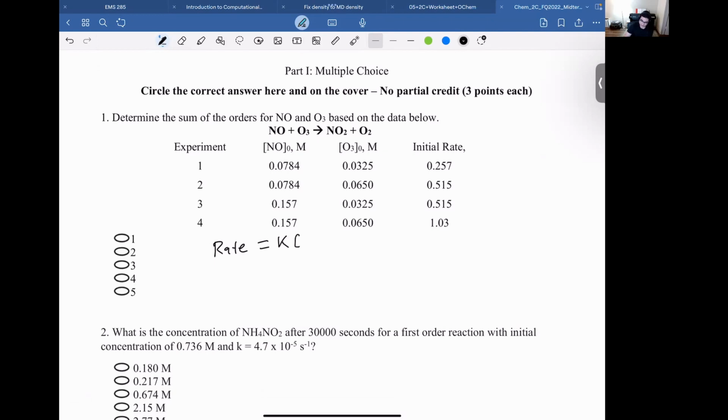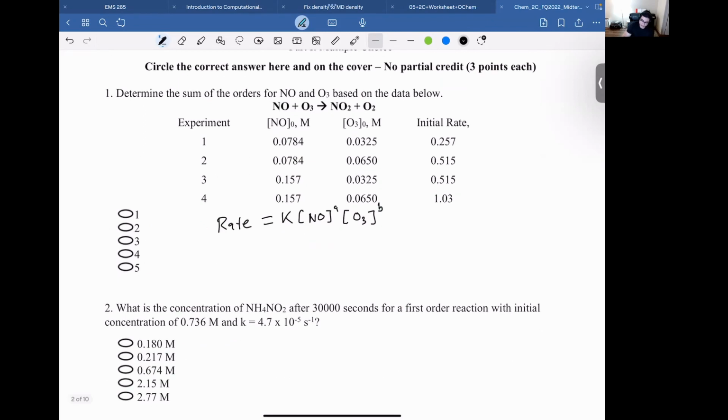So I'm going to say that NO, the first reactant, is to some power A. You can use XYZ if you want. And the reactant B is to some power B. If it's 0th order, you will be able to mathematically solve for it being 0. If it's first order, you'll get 1, second order, you'll get 2, maybe even third or something weird. You'll get that number when you solve for it.